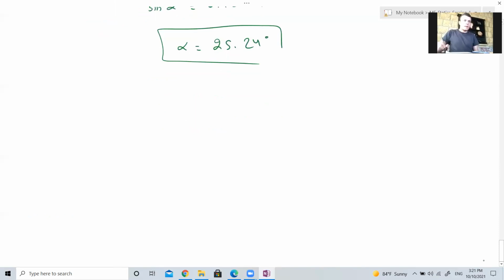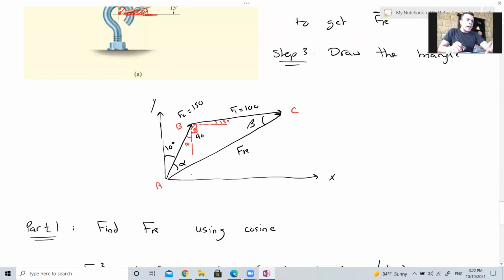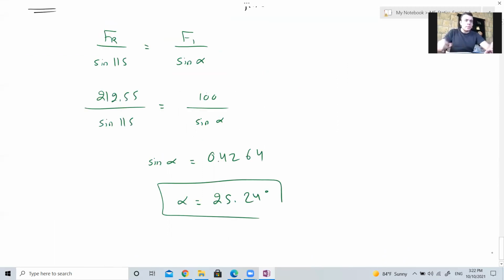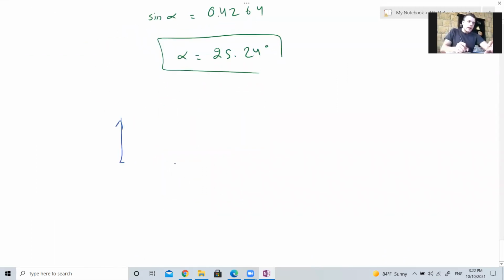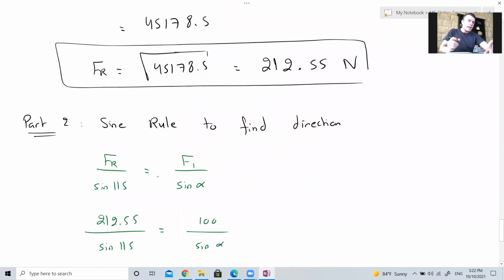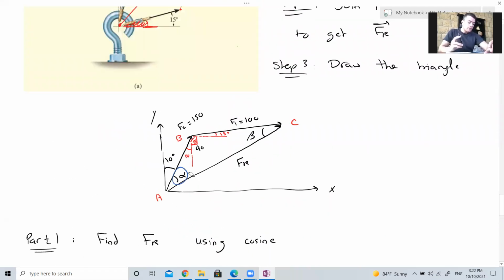We could find beta the same way, but there is no need, because we want the angle with the horizontal. So FR is 212.55 and the angle, this alpha, is 25.24.